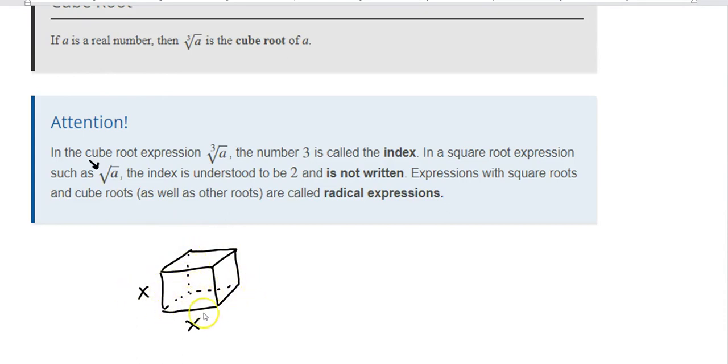So you've got a length, a width, and a height. It would look like that, where you have x times x times x equals x to the power 3, or x cubed. Now I ask you, what is the cubic feet of your room?